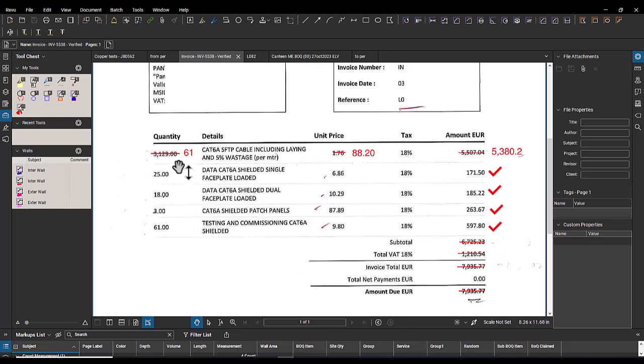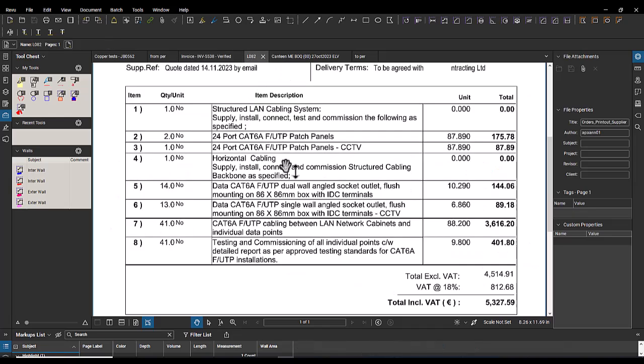And here is the issue. This is what he claimed. He has 3,129 meters, and he has 1.86 or 1.76 unit price per linear meter. And I checked the purchase order, or what is considered as the contract. I cannot find that. But what we have here is item number 7.